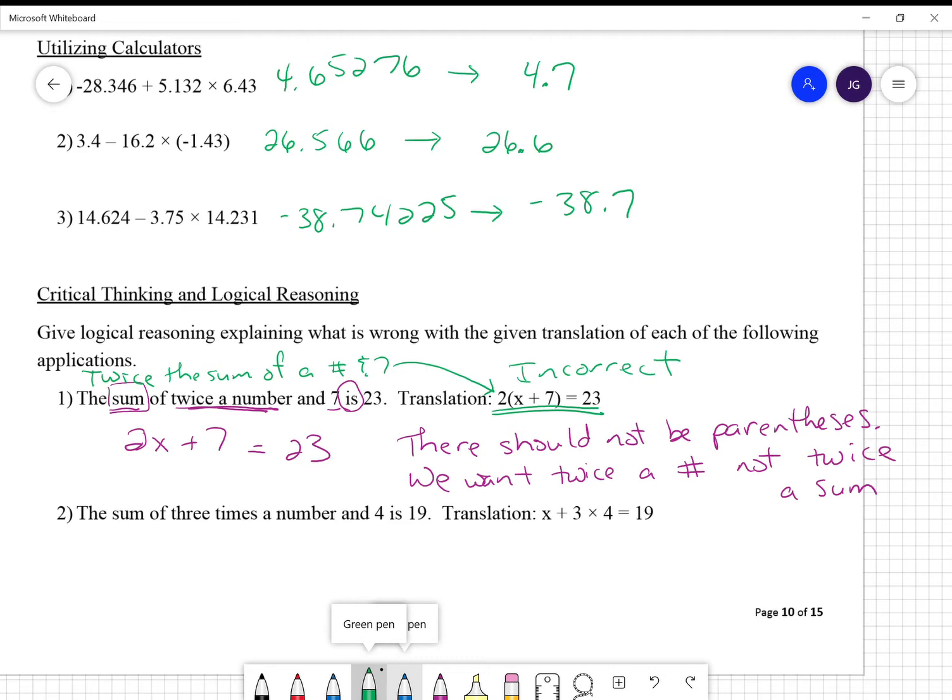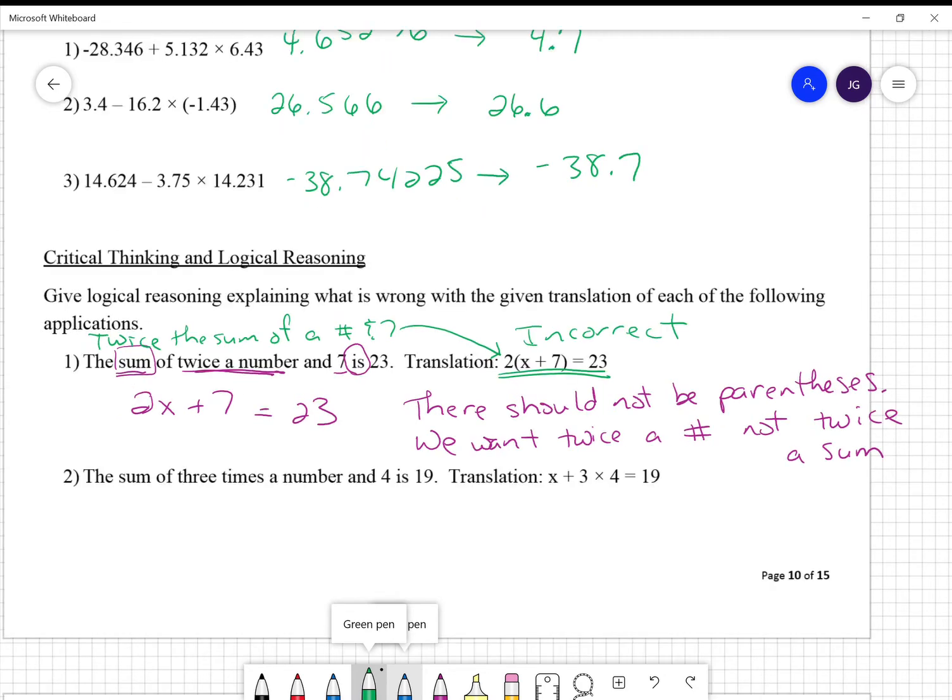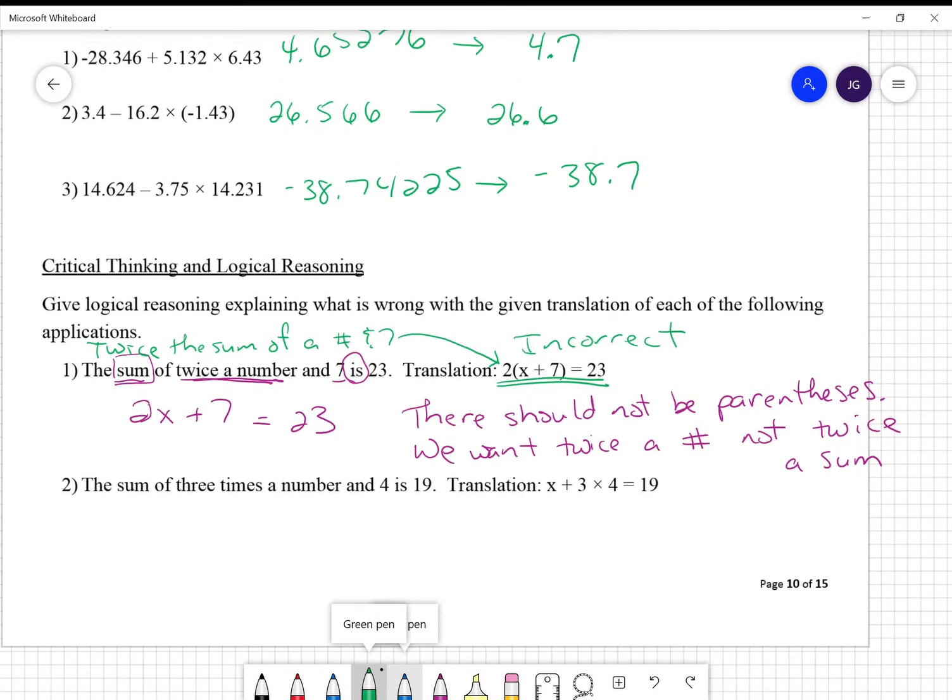The sum of 3 times a number and 4 is 19. Oh, no, I guess I didn't give you the answer for number 2. Sum, 3 times a number and 4. I'm going to add 3 times a number and 4, I get 19.